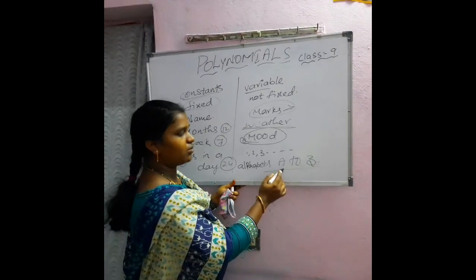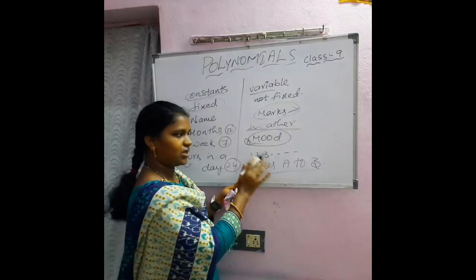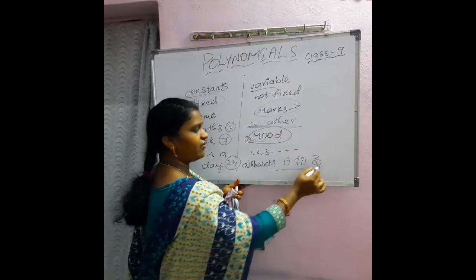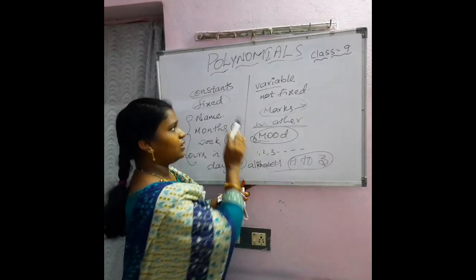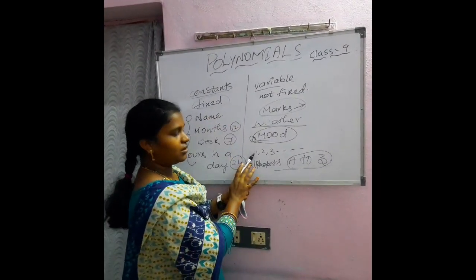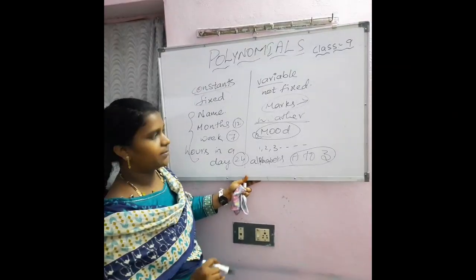That means variables change, whereas for constant numbers, 2 is 2 and 3 is 3. But in the place of A to Z I can take any variable. So constants come under numbers, whereas variables come under alphabets.